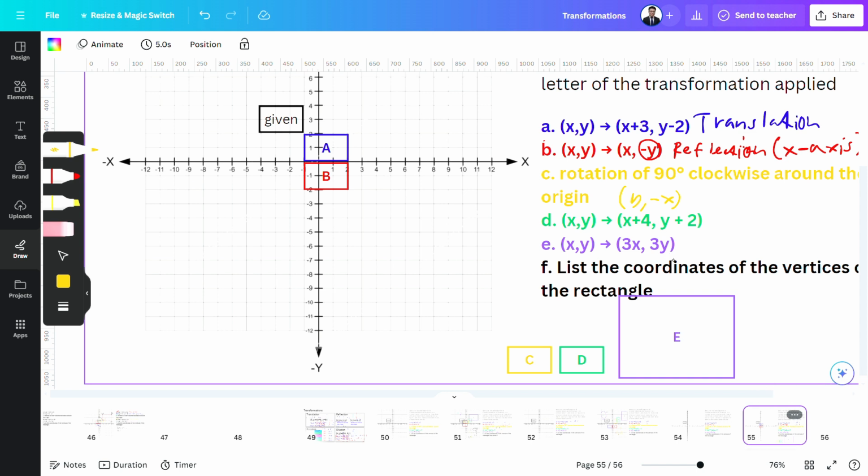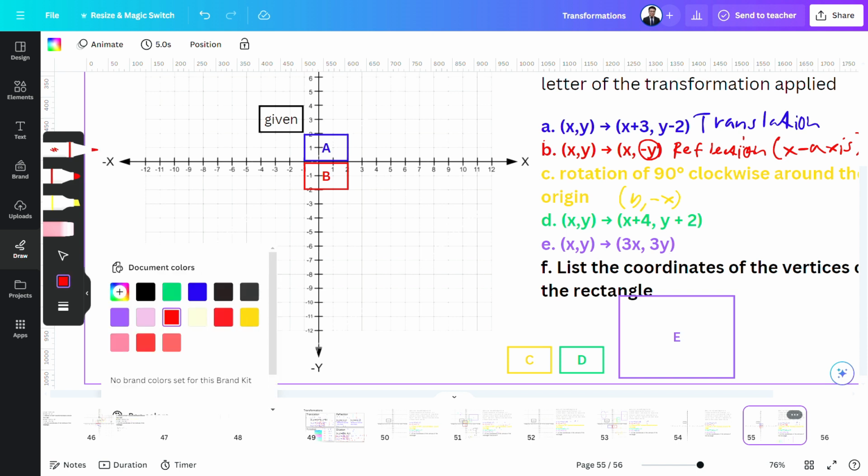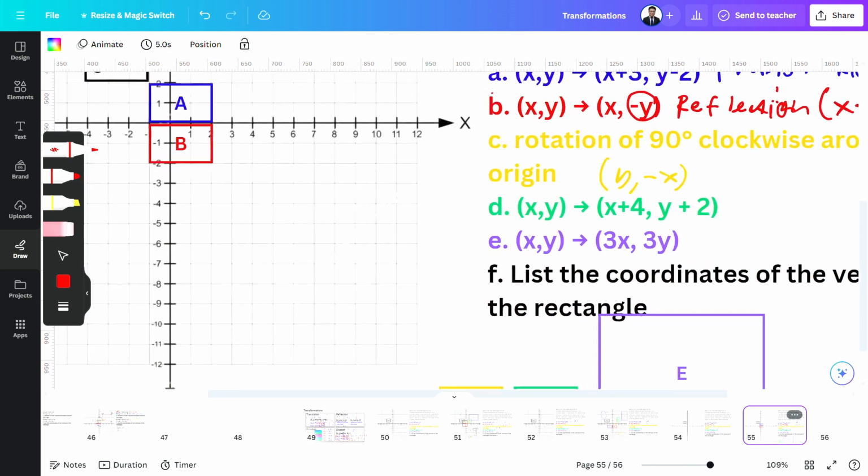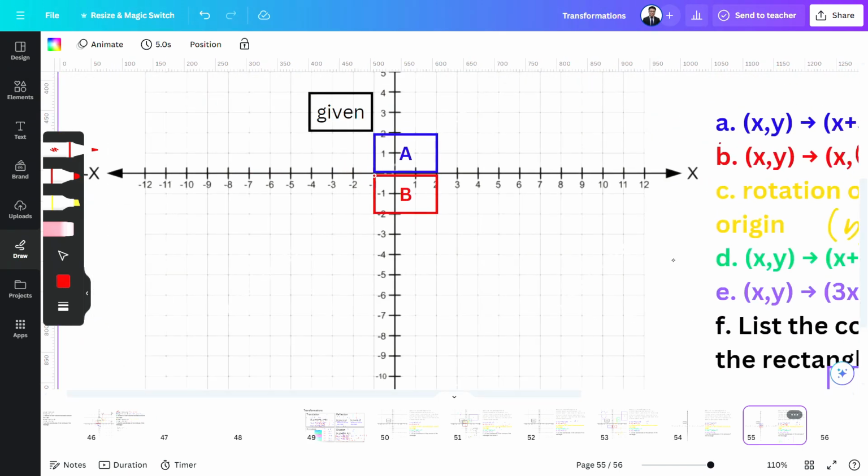Now to do the letter C, let's get first the coordinates of our letter B. What is our coordinate here? It's going to be negative 1 comma 0. How about on this point? This one is 2 comma 0.